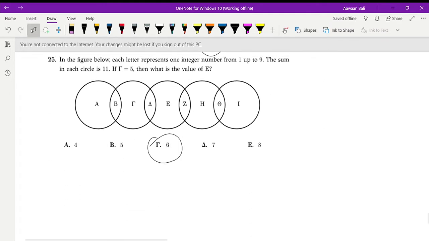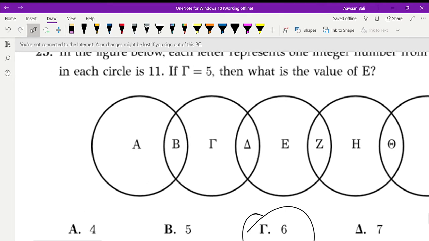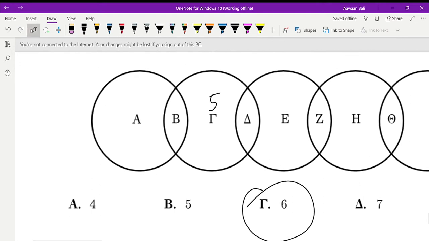And the last question, it says in the figure below, each letter represents one integer number from 1 up to 9. The sum in each circle is 11. If gamma is 5, then what's the value of E? So gamma is 5, which means the sum of beta and delta here will be 6.